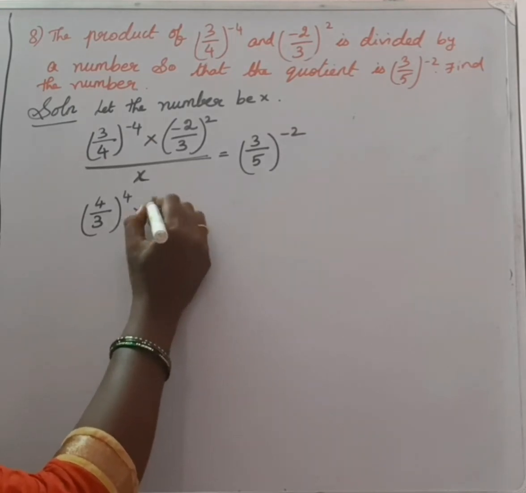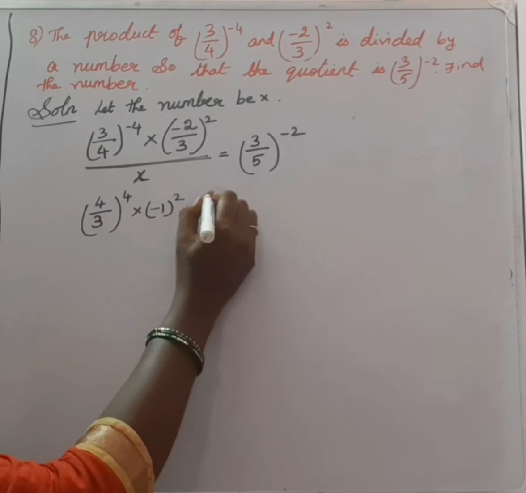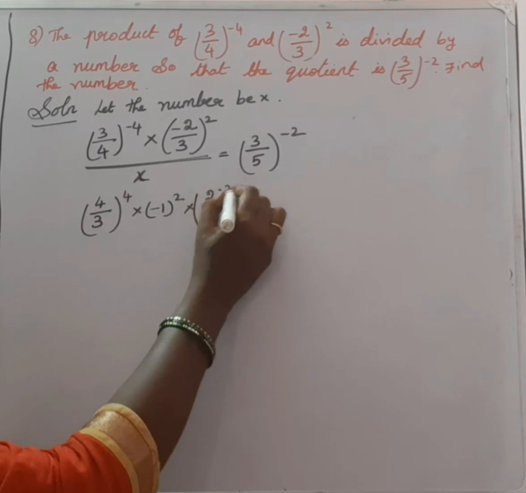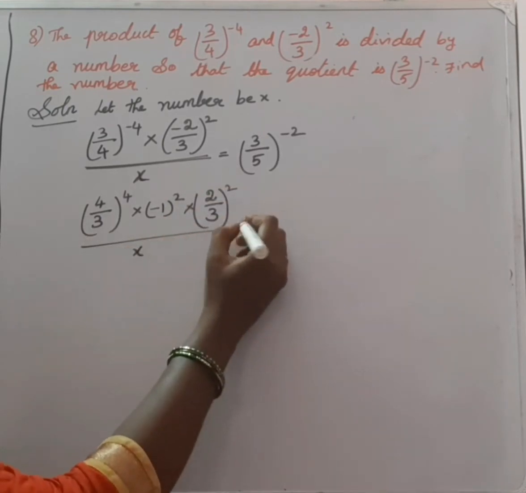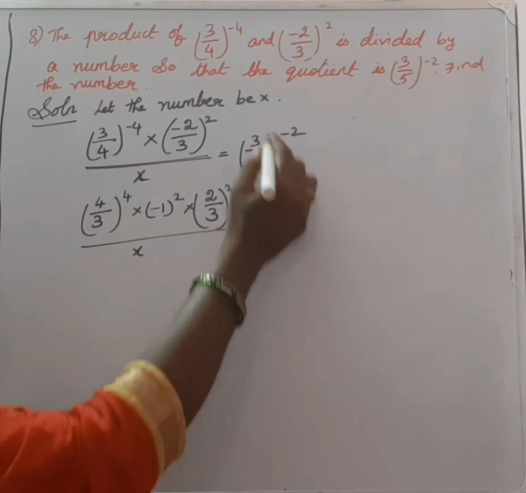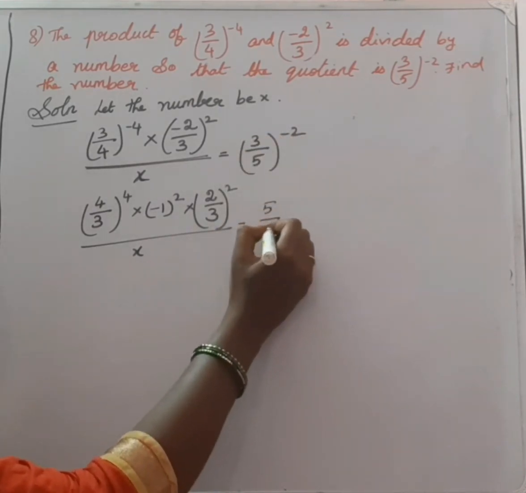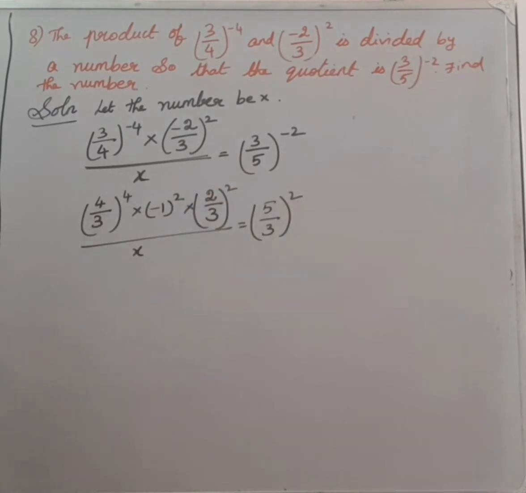So (minus 1) the whole power 2, into (2/3) the whole power 2, divided by x is equal to, here also take the reciprocal, so (5/3) the whole power 2.